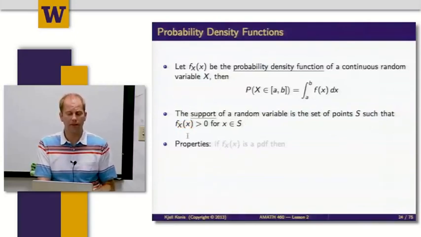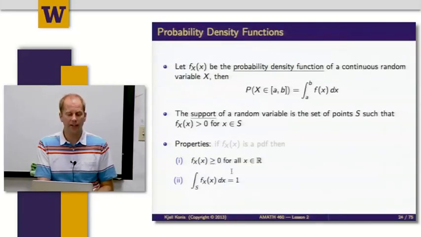And so some of the properties of a probability density function are, if f sub x is a probability density function, so I'm going to abbreviate that as PDF, then I have to have f of x greater than or equal to 0 for all real numbers.